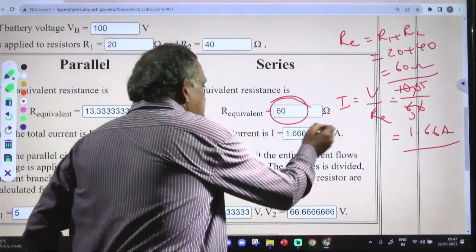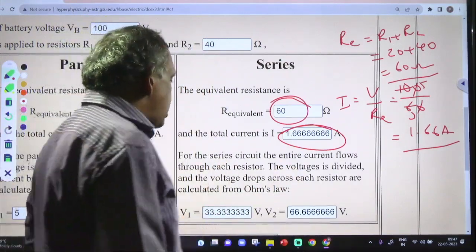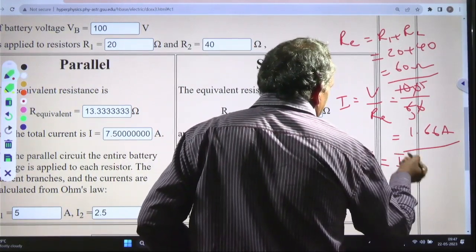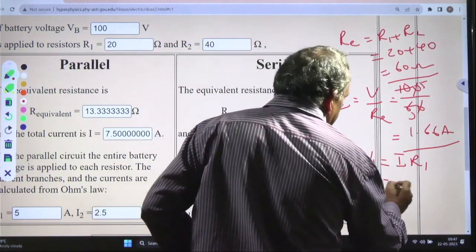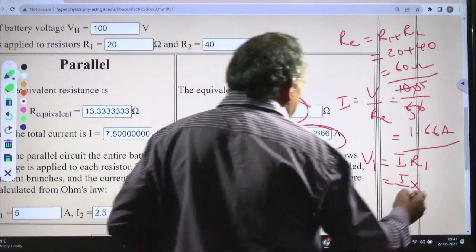You got 1.66 amperes. Similarly, voltage across the first resistance, V1 equals I times R1. I is nothing but 5 by 3 into R1. R1 resistor is 20 ohms.